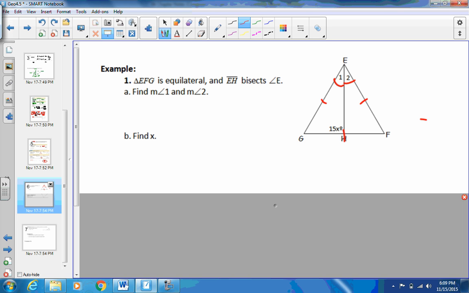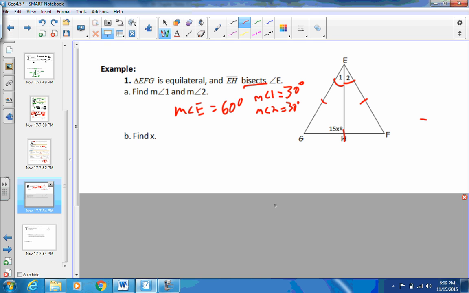Find the measure of angle 1. Well, if it's equilateral, then each of the angles measures 60 degrees. So the measure of angle E equals 60 degrees. And if we're bisecting, that cuts it in half. So the measure of angle 1 and the measure of angle 2 have to be congruent, and they both have to be 30 degrees.